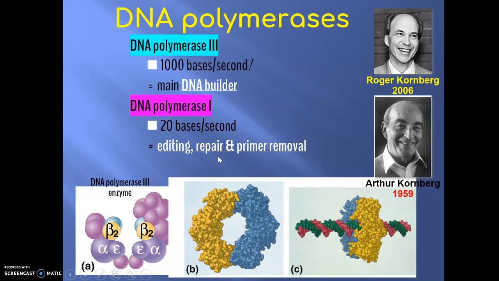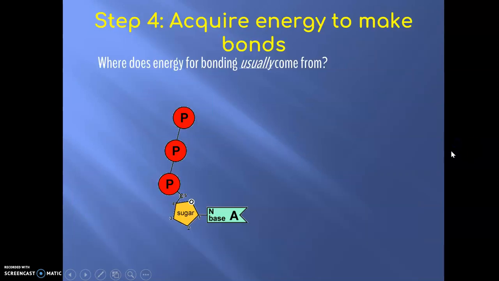That's the polymerase that's going to come in and remove the RNA primer and edit and repair any mistakes possibly made by DNA polymerase 3. Polymerase 1 was found by Arthur Kornberg in 1959, and polymerase 3 was found by Roger Kornberg in 2006. So father and son.